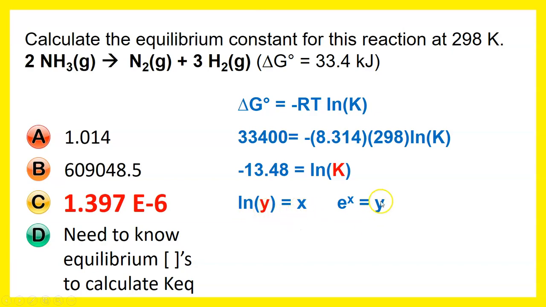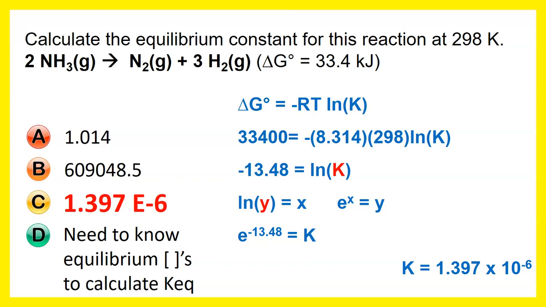So if I want to solve for y, I have to undo that natural logarithm, which is going to be taking e and raising it to the thing that was your original answer, to the x. E to the x gives you whatever's inside your natural logarithm. So K is what I'm after. So I'm going to do e raised to this number here. And that's how I get my K value.